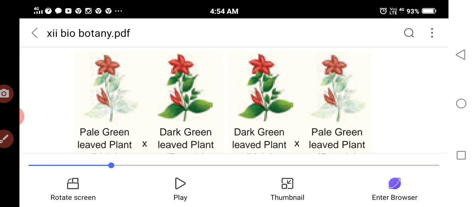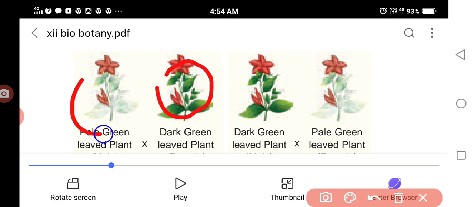Dark green leaved plants and pale green leaved plants are taken for the research.